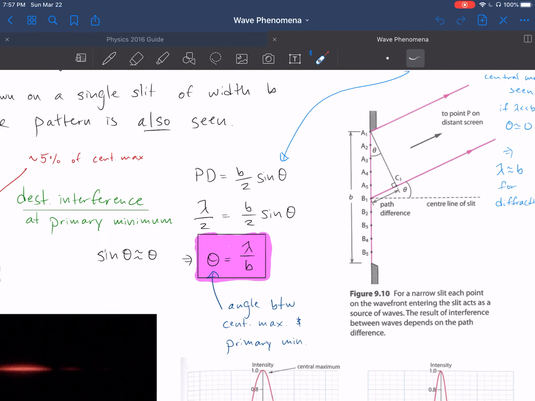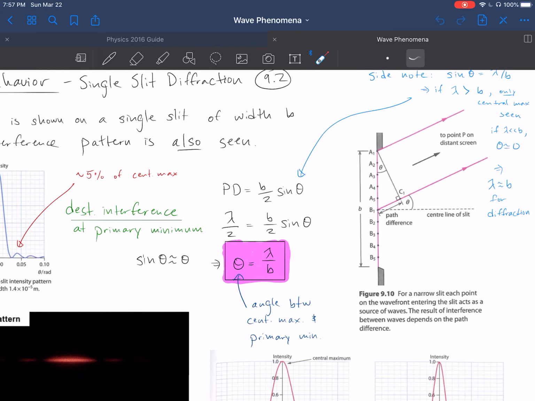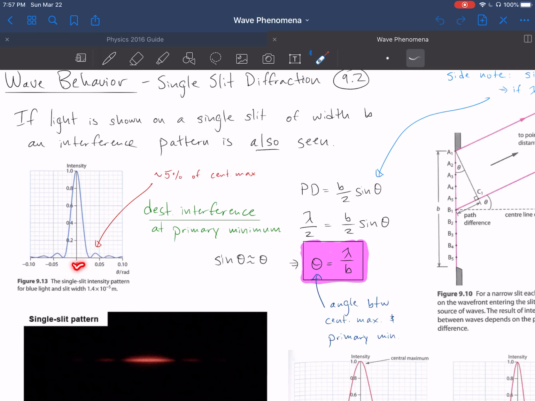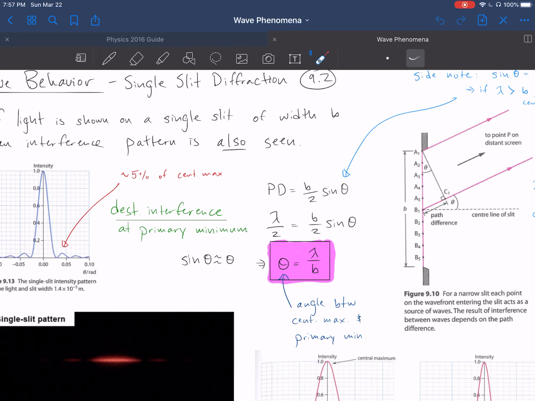Notice that although the qualitative argument depended on dividing that slit width in half, the final equation does not. So the angle between the central maximum and the primary minimum, this angle right here, is equal to lambda over b, the wavelength divided by the slit width.